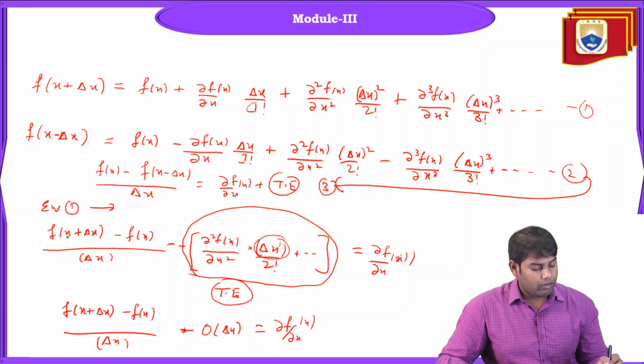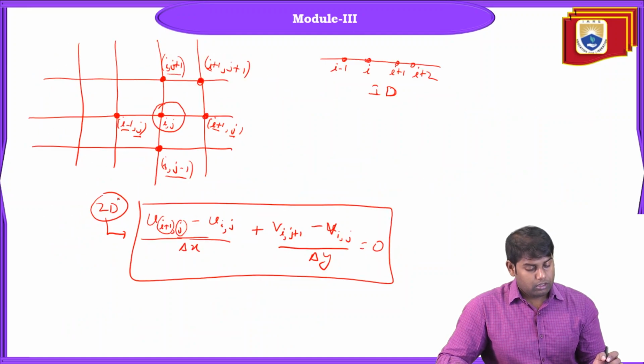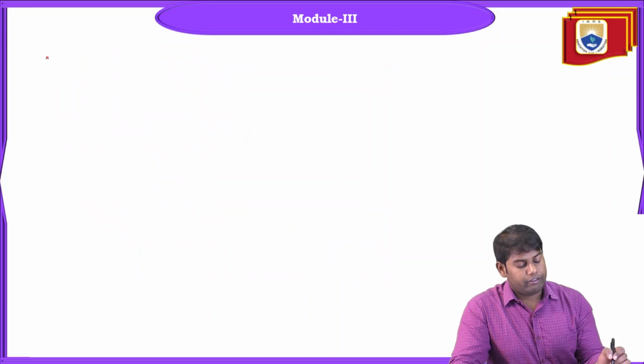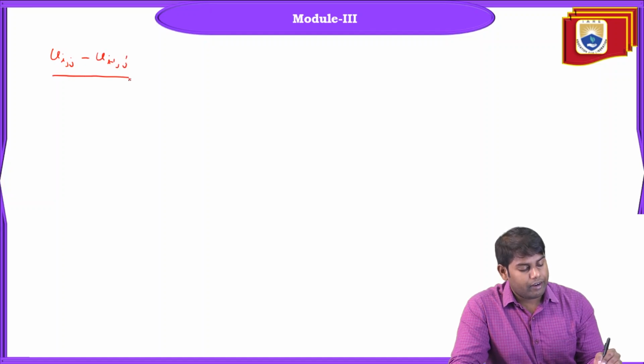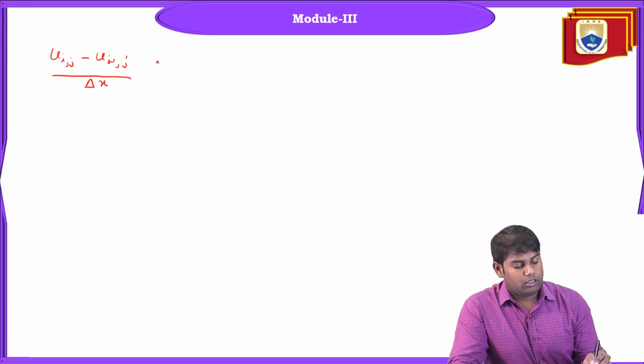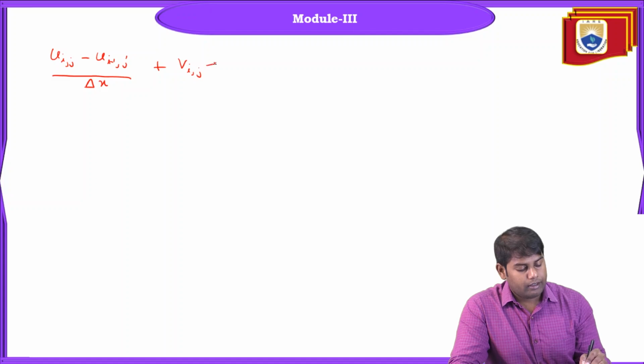For the forward difference, we have [f(x + Δx) − f(x)]/Δx, and similarly for the backward difference we get [f(x) − f(x − Δx)]/Δx. Now the continuity equation for the backward difference: [u(i, j) − u(i−1, j)]/Δx + [v(i, j) − v(i, j−1)]/Δy = 0.